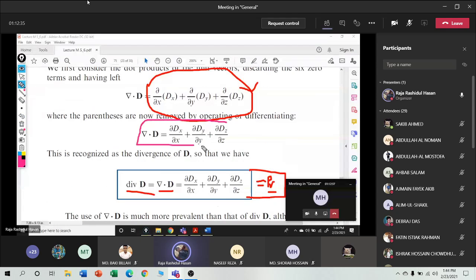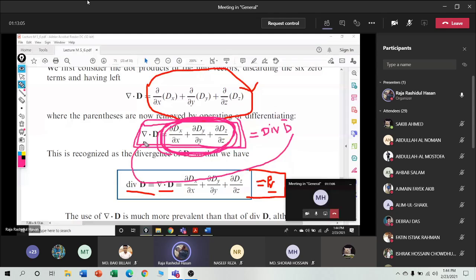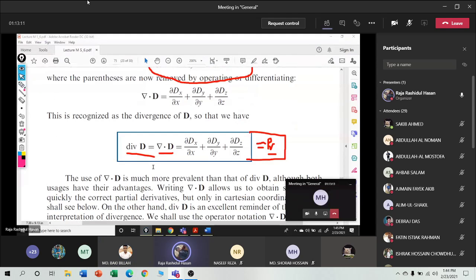So we get this portion: operator dot D equal to del Dx by del x plus del Dy by del y plus del Dz by del z. Did we see this portion before? Yes sir, we saw this before, and that is actually the div D, the divergence of D. So we can write divergence of D equal to operator dot D. Can it be written? Yes sir. So our operator dot, divergence of D equal to rho v also, so we can form this one.